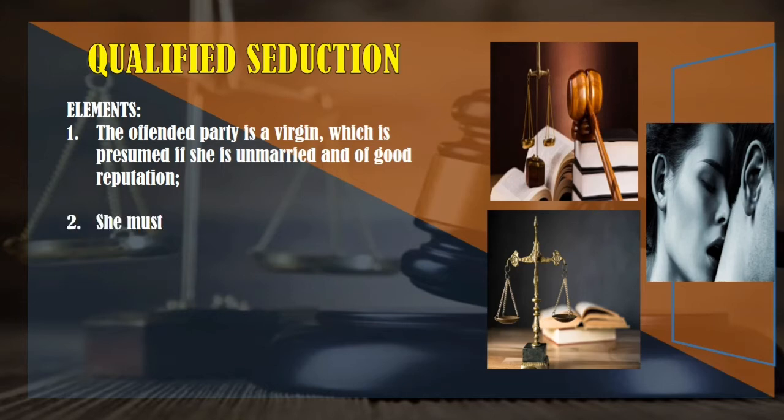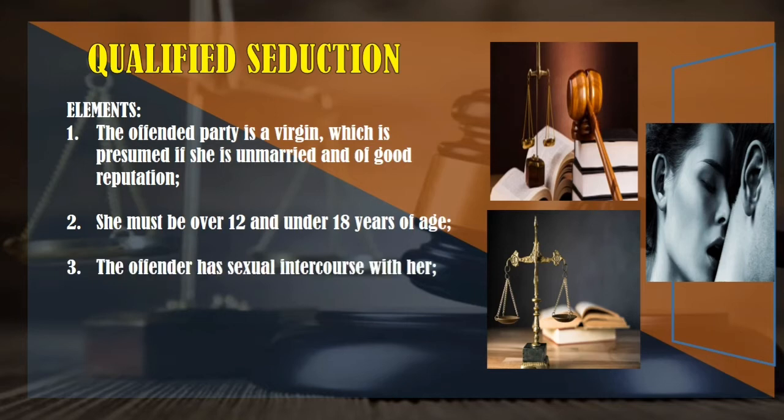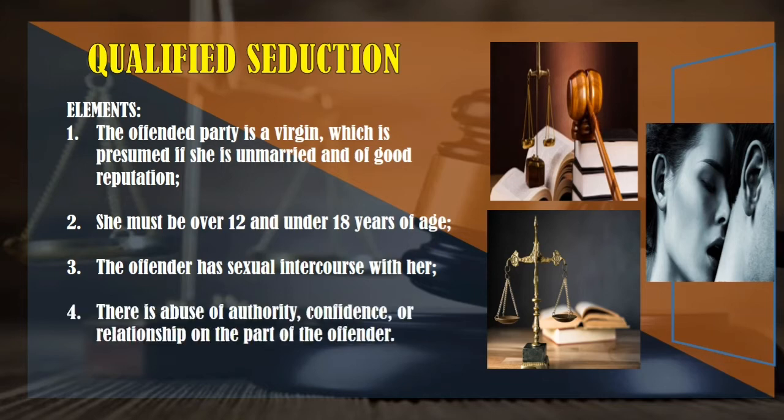Second, she must be over 12 and under 18 years of age. Third, the offender has sexual intercourse with her. And fourth, there is abuse of authority, confidence, or relationship on the part of the offender. This is in accordance with Gonzalez versus Court of Appeals, or CA.